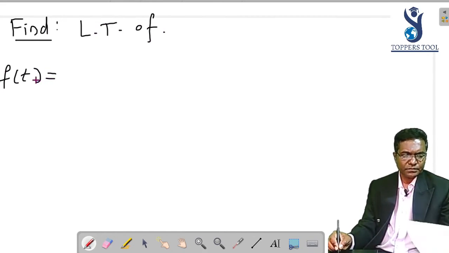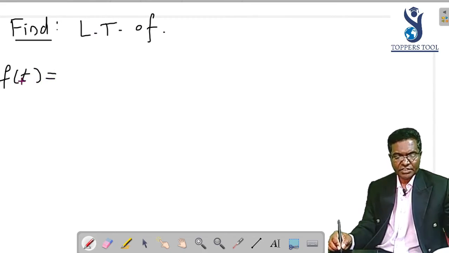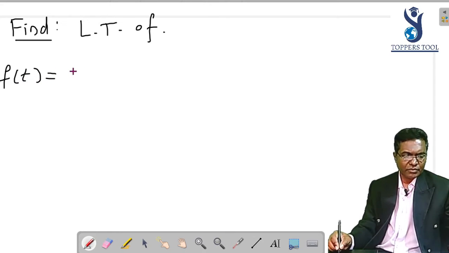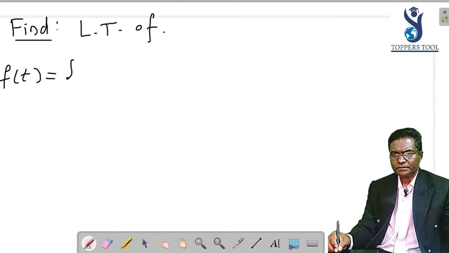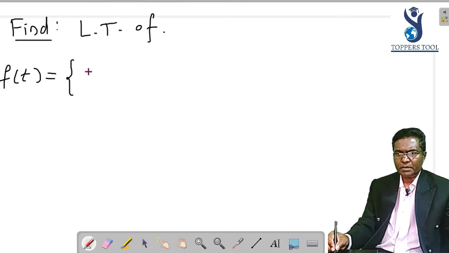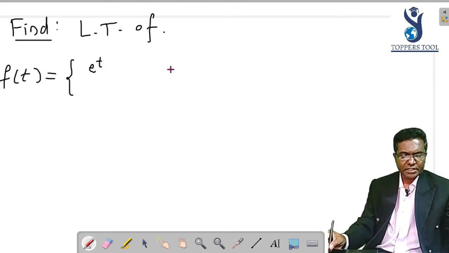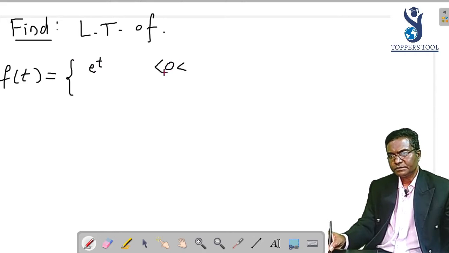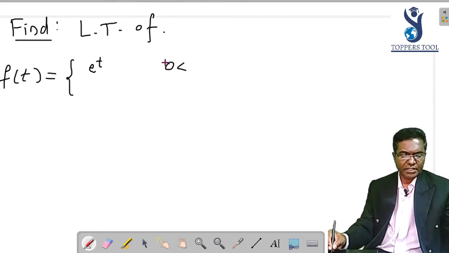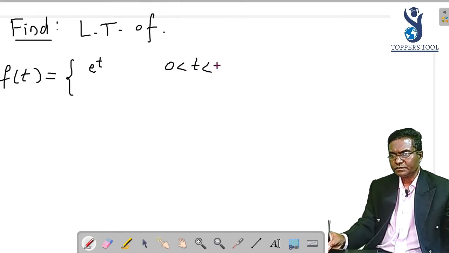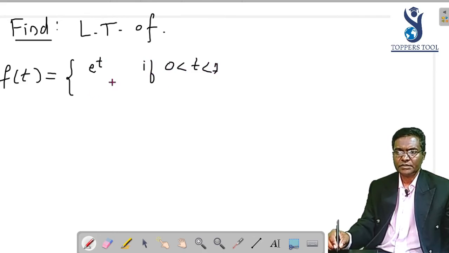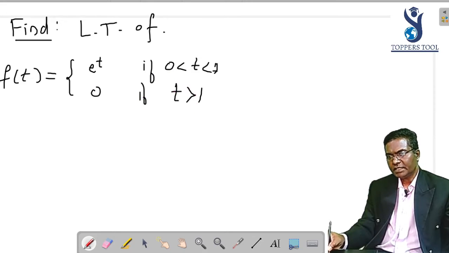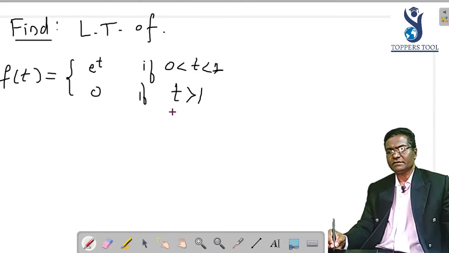Suppose you are given a function in this form: f of t is equal to e power t if t is between 0 and 1, and it is 0 if t is greater than 1.